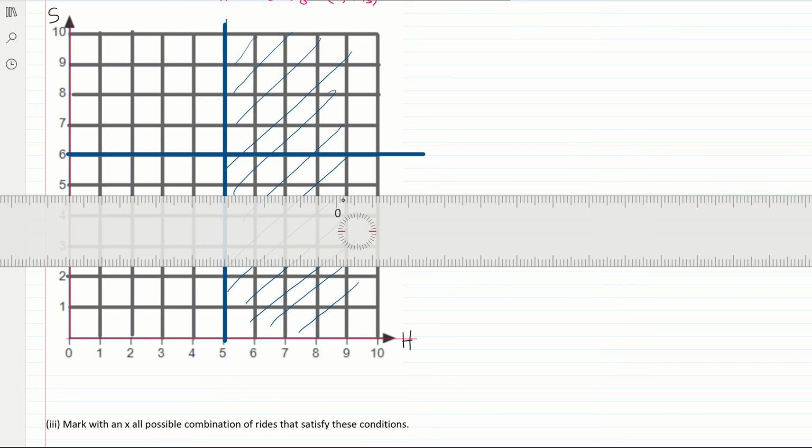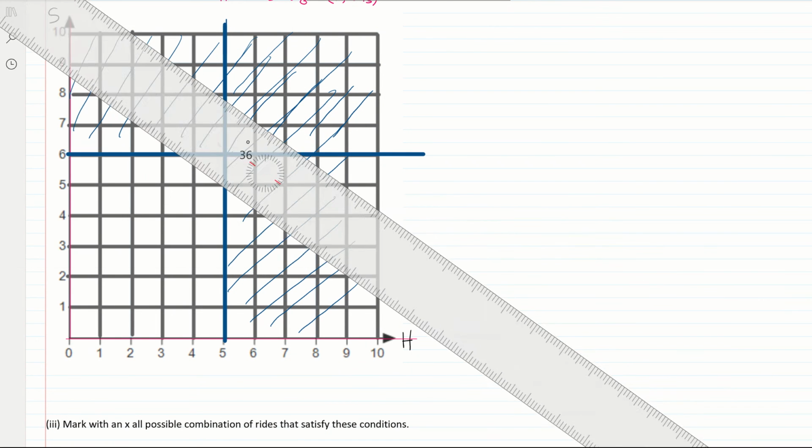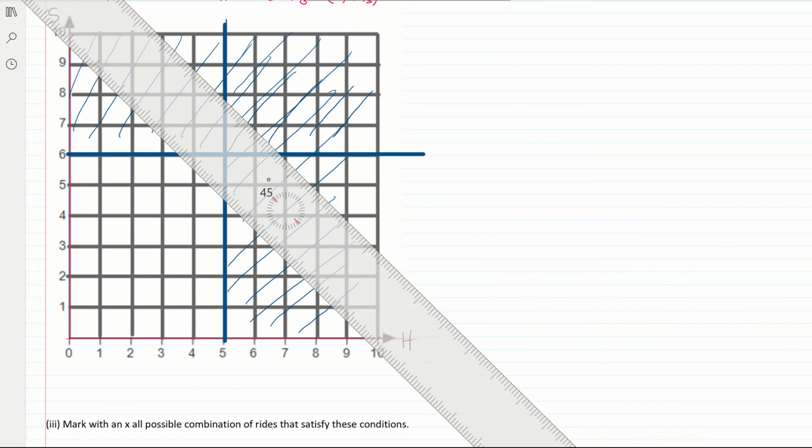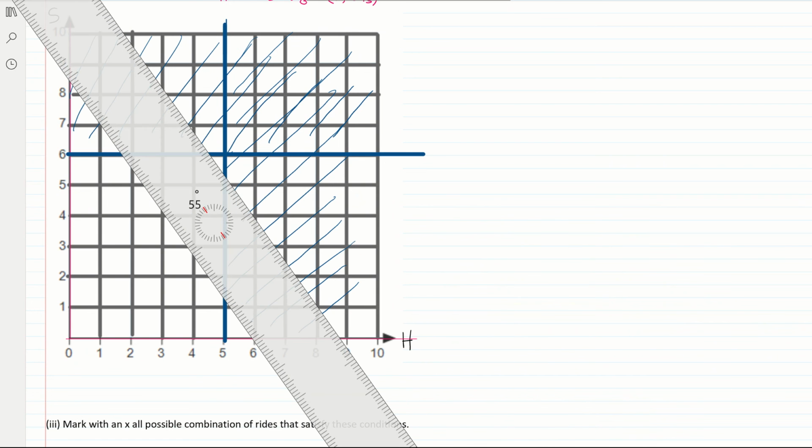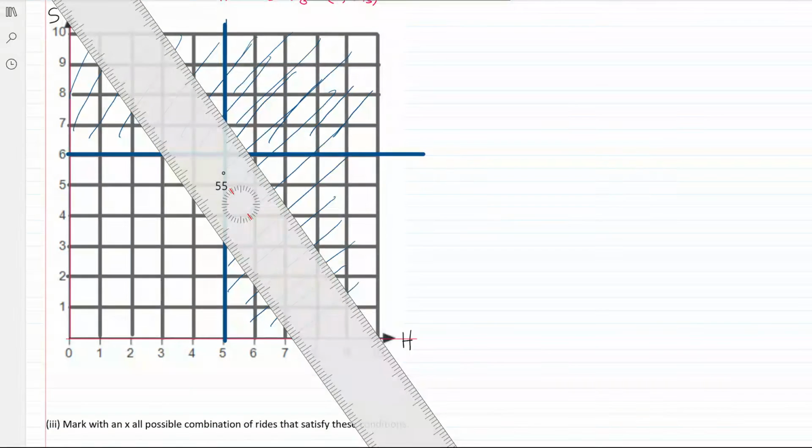So I want smaller than, so I'm going to shade the bit I don't want, which is the bigger than. And then I want from 5, so from 5 here to 6 and 2/3 there.